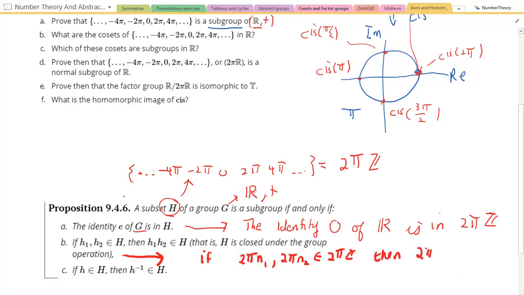So you'd have to say 2 pi n1 plus 2 pi n2 is an element of 2 pi Z. That's what you have to prove here. That's closed under the operation.